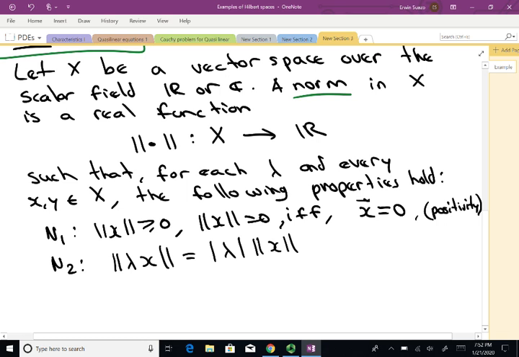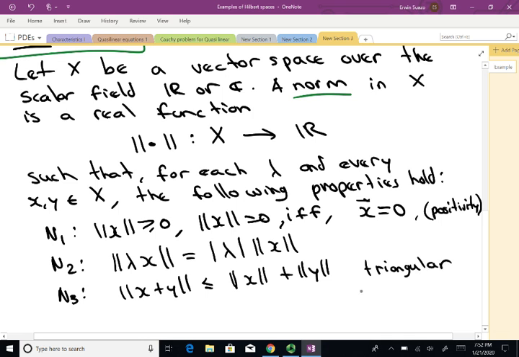Okay, so this is another property, and another property is the norm of X plus Y is less than or equal to the sum of the norms of these two guys. So this is the triangular inequality.